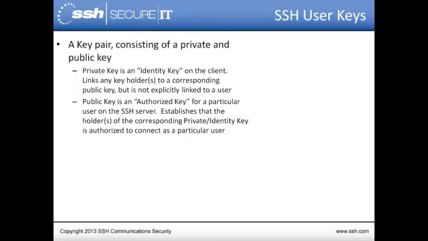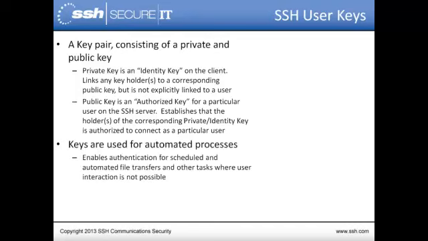The public key is an authorized key for a particular user on a Secure Shell server. What it does is it establishes that the holder of the private key is authorized to connect as a particular user. So essentially, that authorization allows the holder of the private key to log into a remote system, assuming the identity of the account where that public key was authorized.